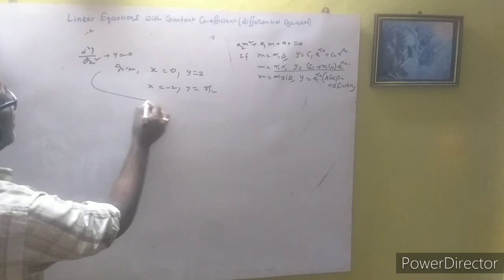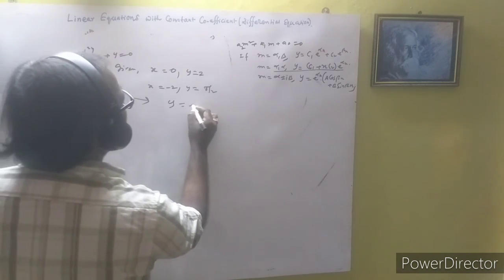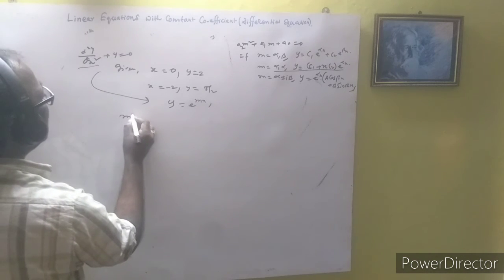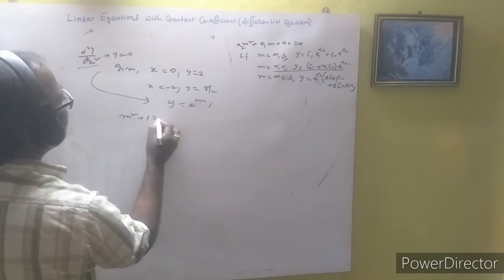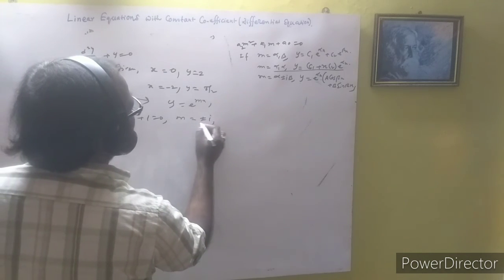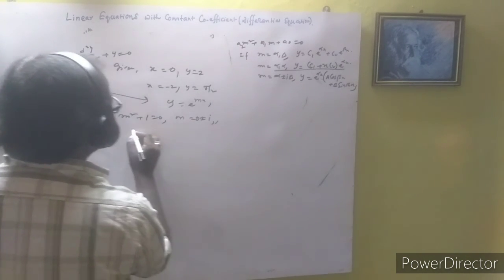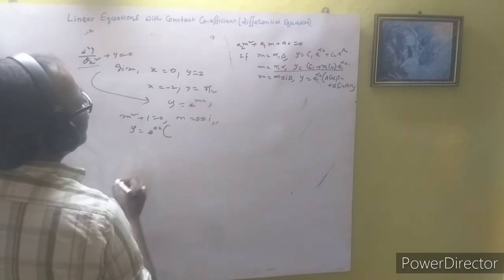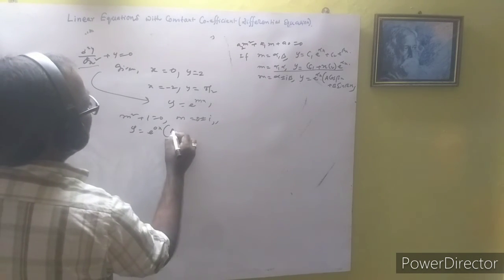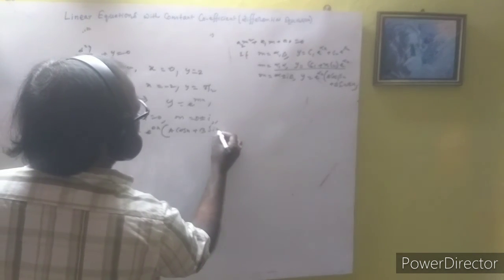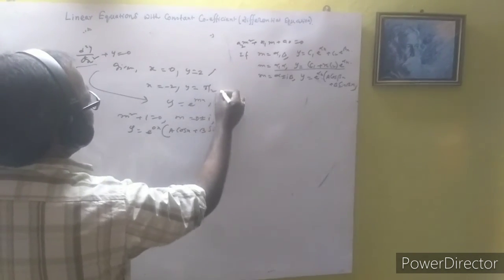And the same way, let us assume y equal to e to the power mx be the trial solution. So we can write m square plus 1 equal to 0. So m equal to plus minus i. So now the solution here is y equal to e to the power 0x, okay, and now a into cos x plus b into sin x, and these two points are given here.